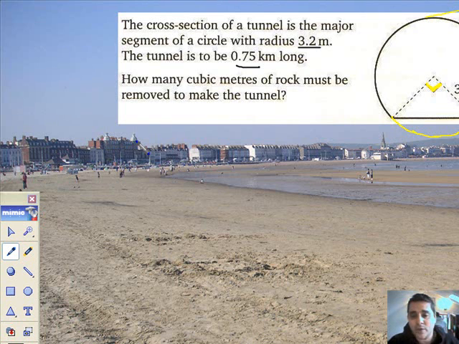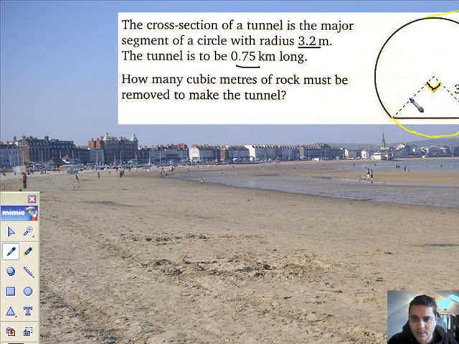Essentially I've got to work out the area of the entire circle, which is easy, and the area of the triangle, which is very easy, especially as I only have a 90-degree angle to play with. So I know it's a quarter of a circle.